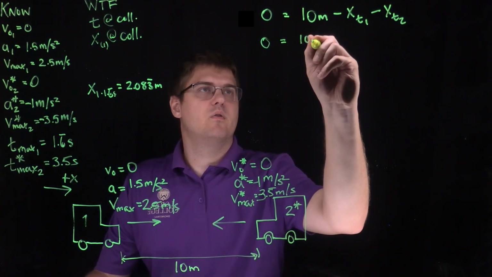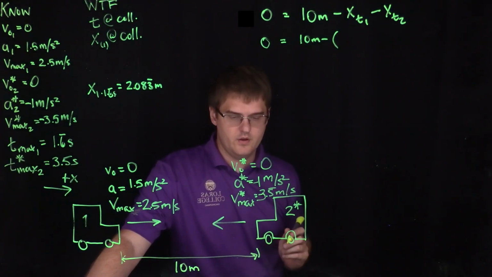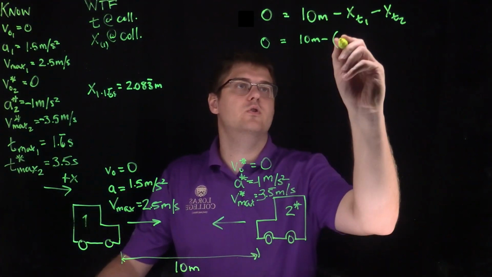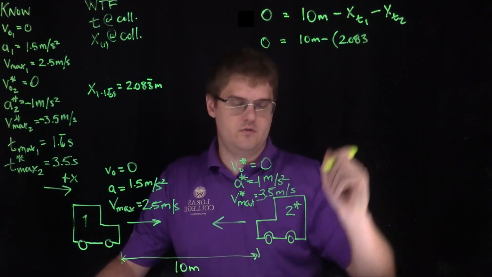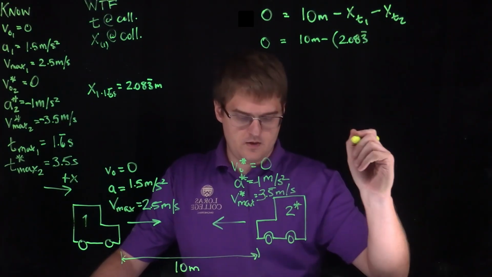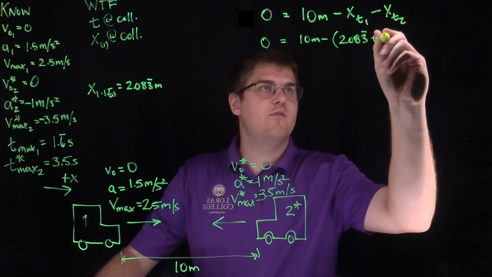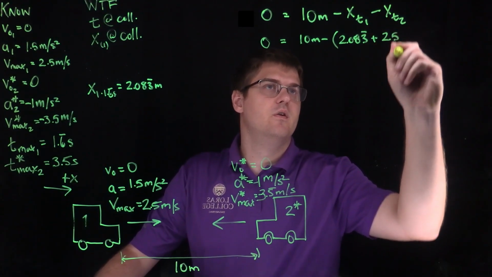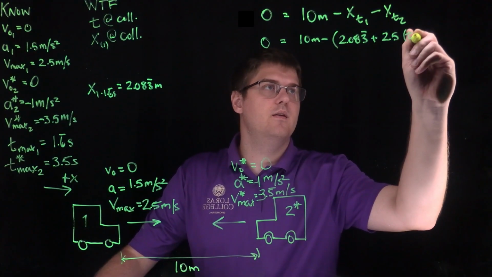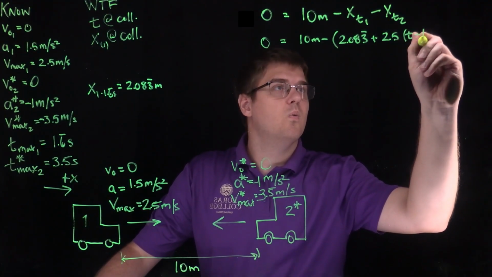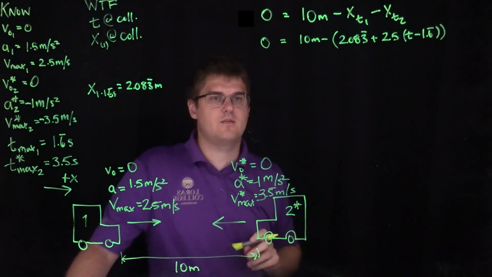So I just said that the position of tractor 1 is going to be equal to 2.083 repeated plus that 2.5 times the time that it's been minus 1.6 repeated seconds. So that's how long after we've hit max speed it is.